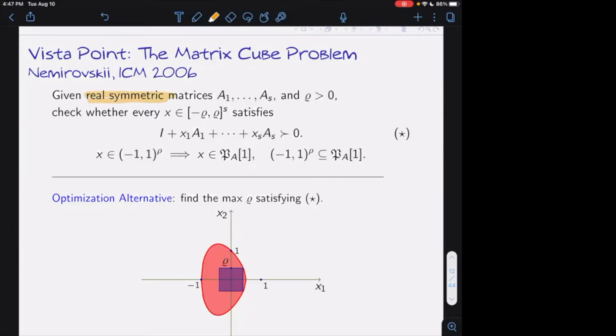So we're given these real symmetric matrices A1 through AS, and we want to check whether the cube whose sides have length rho, centered at the origin, fits in the corresponding spectrahedron. So that's saying X is in the cube. You want that to imply that this LA(X) is positive. Or in other words, X in the cube, you want that to imply X is in this spectrahedron.